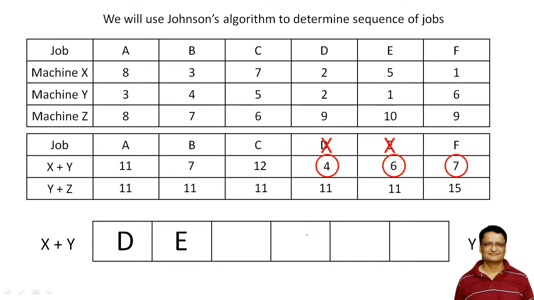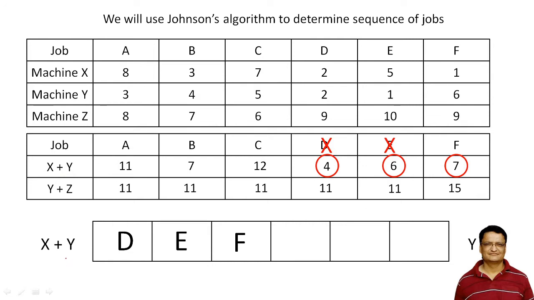There are a number of options; there is a 7 here and also a 7 here, so there is a tie between these two. In a tie we consider the one whose other column value is maximum. Out of 11 and 15, 15 is the maximum, so I consider this 7, which is related to job F and again to the X plus Y row. So I put F over here.